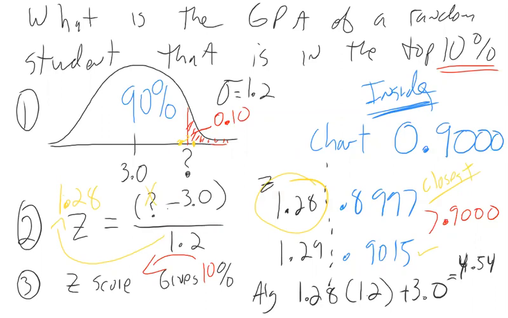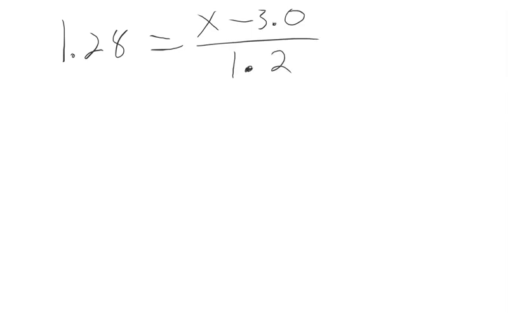Hey, Chris, I have a question. I hate to be this person, but is there any way you can use a new board and do it out so I can see how it's supposed to be done algebraically? Yeah, that would be good. Yep. Thank you. So 1.28 equals X minus 3.0 all over 1.2, right?